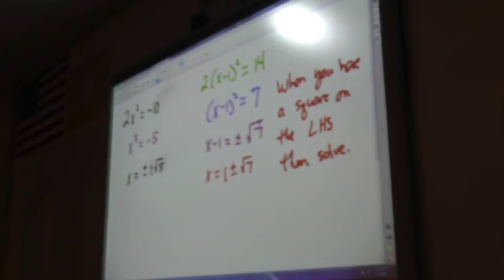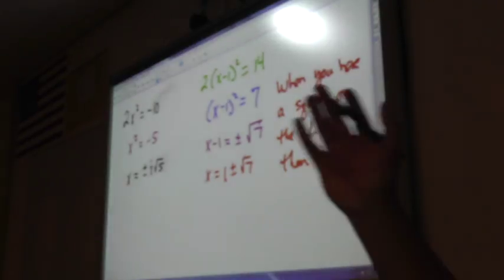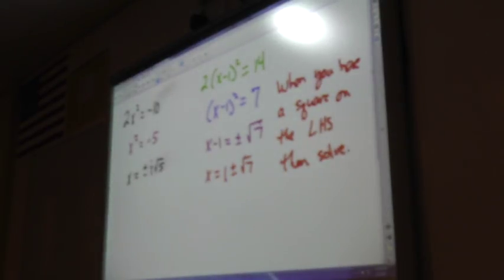I'm not putting the plus one and stuff like that, but we have an exact answer. Having a square root on the left-hand side leads you to an exact answer. Now if you did this on your calculator, you'd have like 3 point something, I don't know. But this is an exact answer. Square root of 7, right?